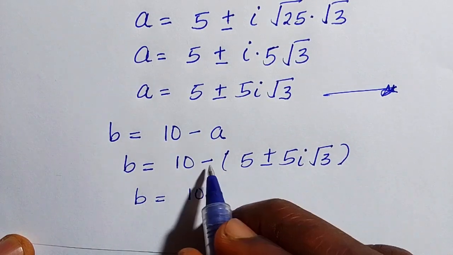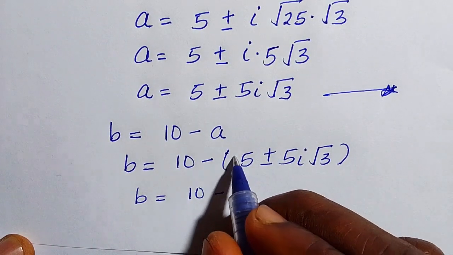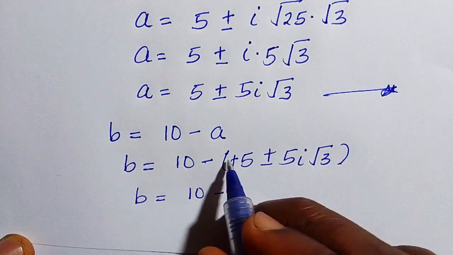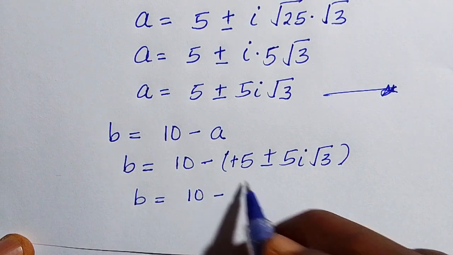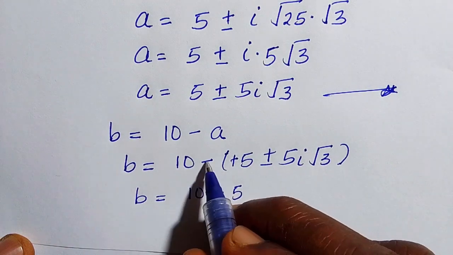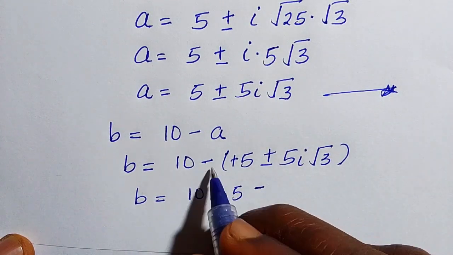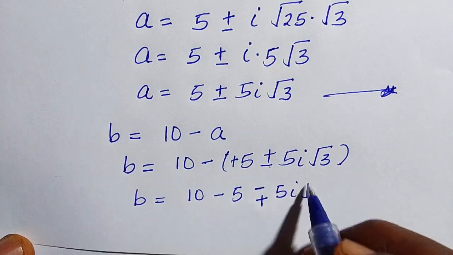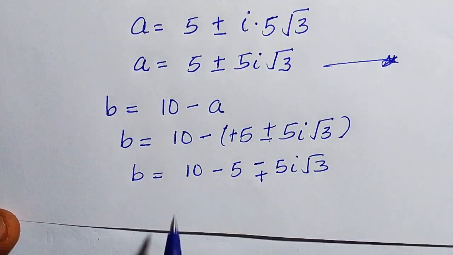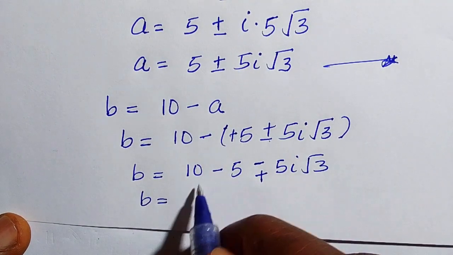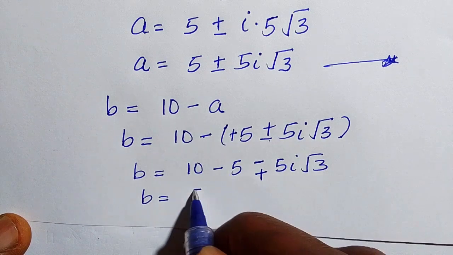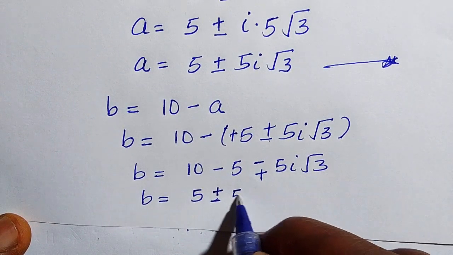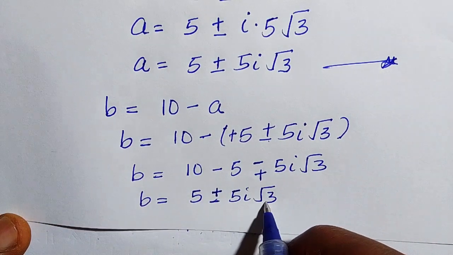When we expand this with the negative, minus times plus is minus, and minus times minus is plus. Then when we subtract, we have b = 10 - 5, that gives us 5, plus or minus 5i√3.